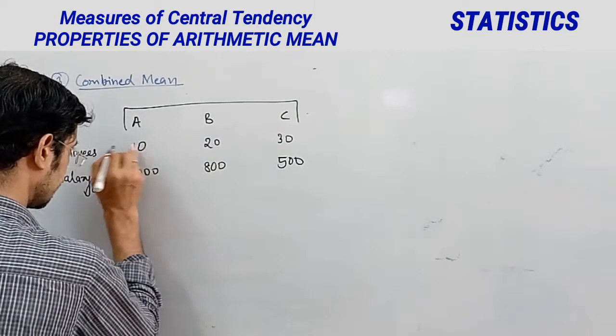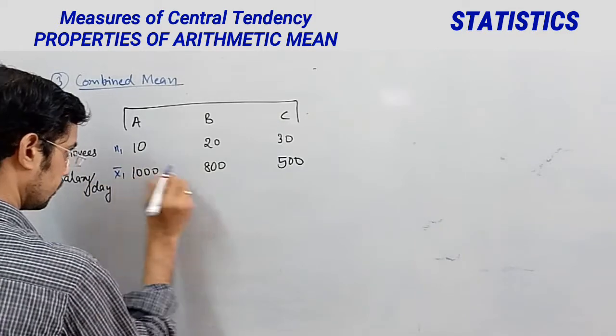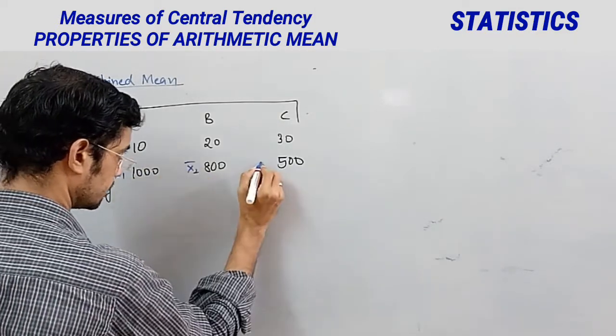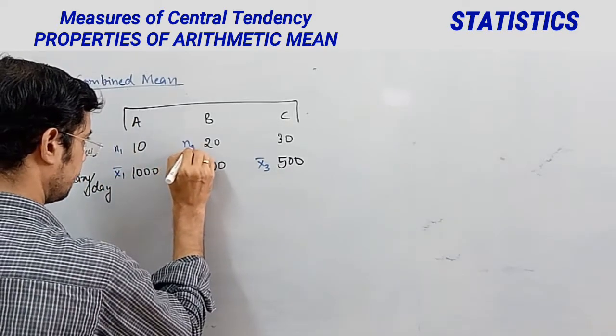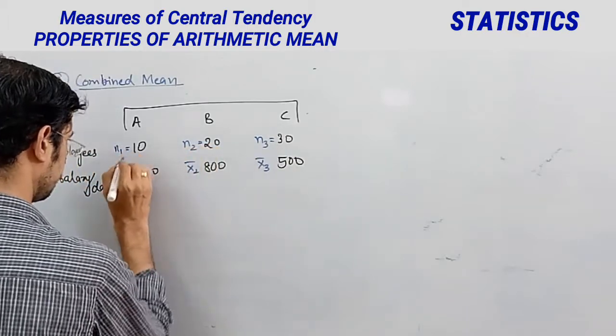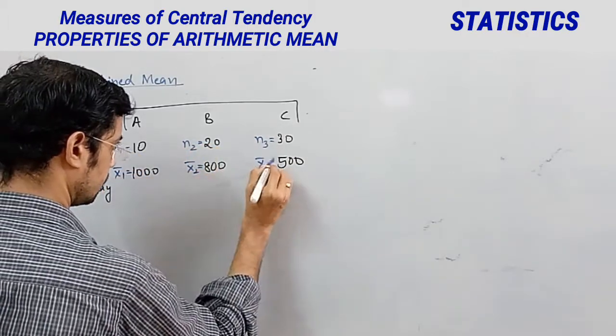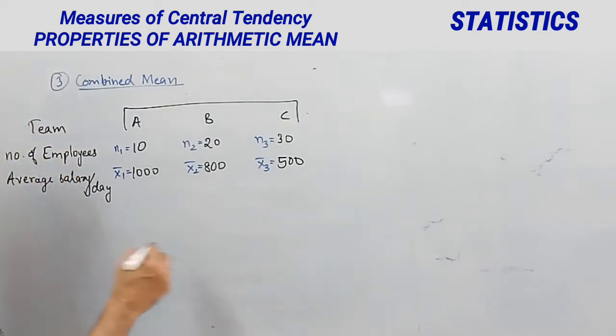Let me write this as N1, and this is X1 bar. Okay, this is X2 bar, this is X3 bar. Okay, this is N2 and this is N3. Okay, you can note this question and try to write down the formula. Now what is the formula to find the combined mean?